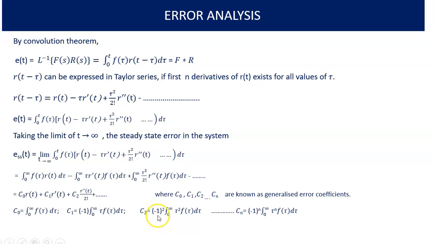Then C2 is equal to minus 1 the whole square, here it is plus, integral 0 to infinity tau square f(tau) d tau divided by 2 factorial, and r double dash(t) here. So in general Cn is equal to minus 1 raised to n integral with the limit 0 to infinity tau raised to n f(tau) d tau.